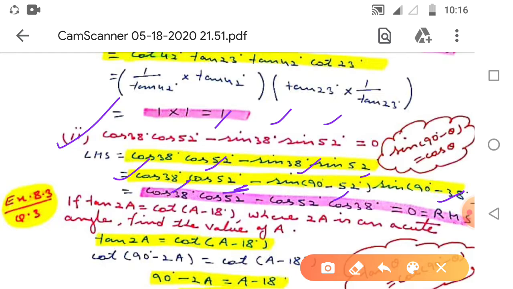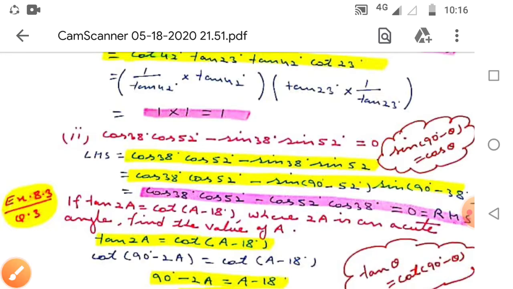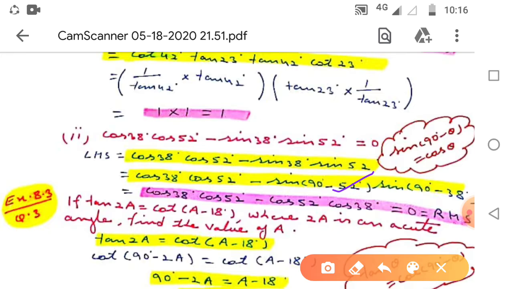So sine 90 minus theta is cos theta. So sine 90 minus 52 is cos 52, and sine 90 minus 38 is cos 38. So this is cos 38 into cos 52 minus cos 52 into cos 38, which is 0.